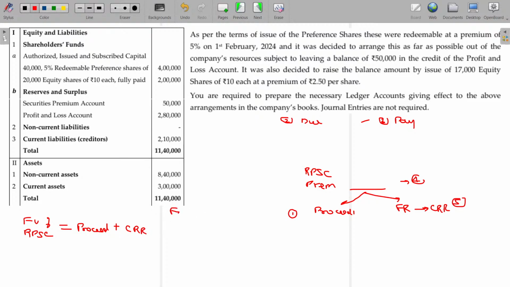For fund requirement, amount payable to the redeemable preference shareholders, and do you get any proceeds or issue of equity share capital, issue price of equity share capital and preference share, any bank balance we have can be used. After this, if there is any shortage, you can go for borrowing or issue the debenture or sell the asset or investment.